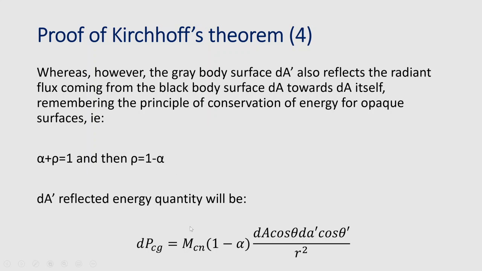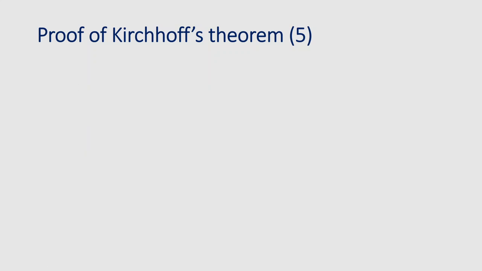Then rho is equal to 1 minus alpha, multiplied by the apparent emitting surface dA cosine theta, times the apparent reflecting surface dA1 cosine theta 1, divided by the square of the distance, as before. So we have this additional quantity, which is the reflected energy.